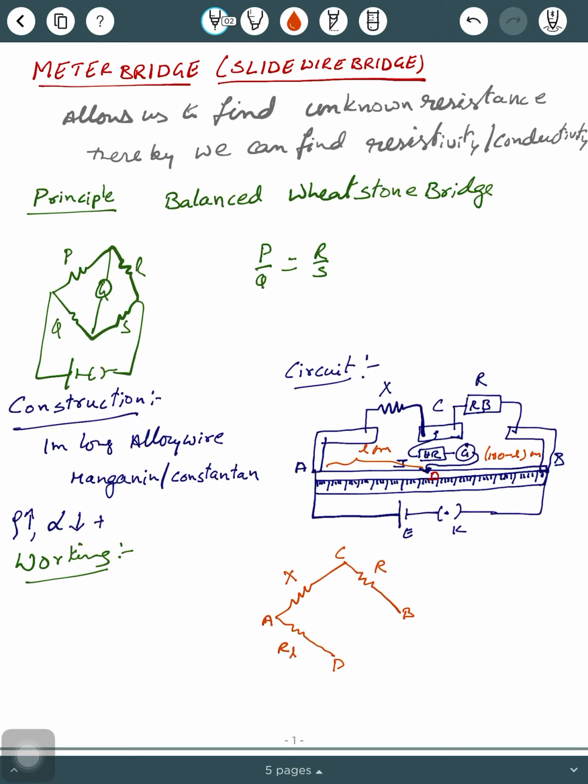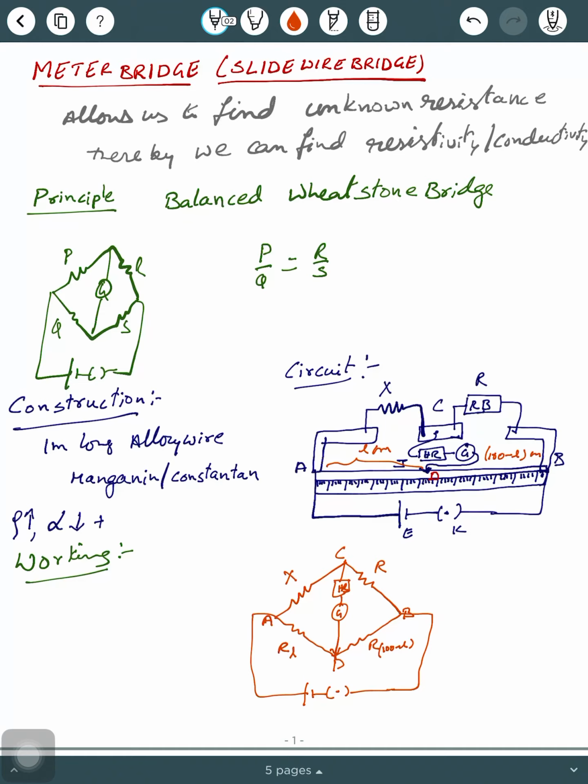Similarly, D and B are also connected by another resistance of length 100 minus L, whereas these two are connected with the help of a high resistance and galvanometer. And this A is connected to E through a key, again connected back to B. So, now if you observe, the meter bridge is nothing but a Wheatstone bridge.